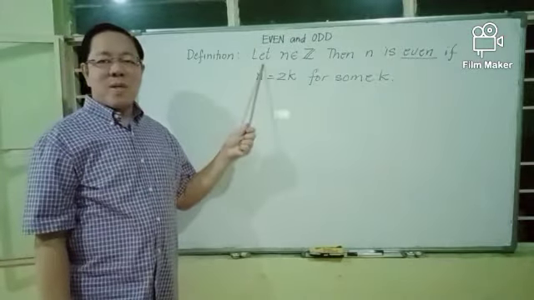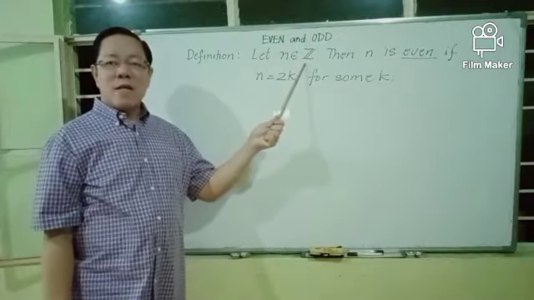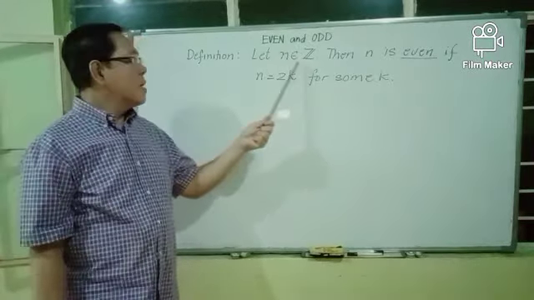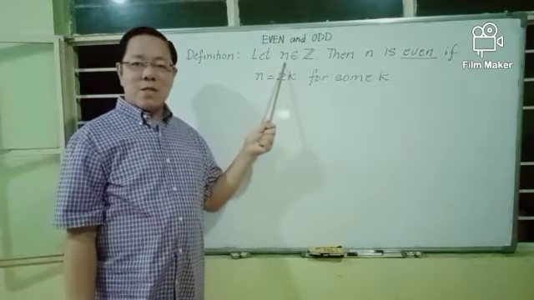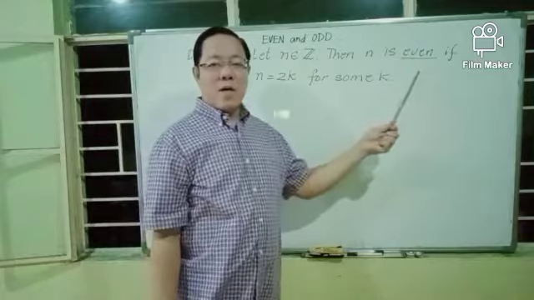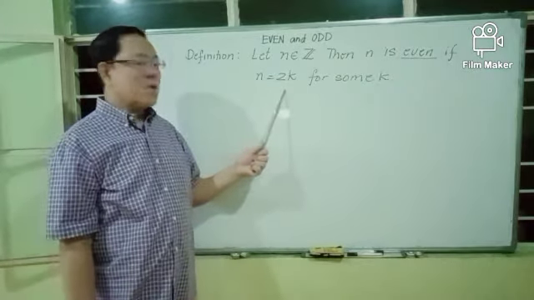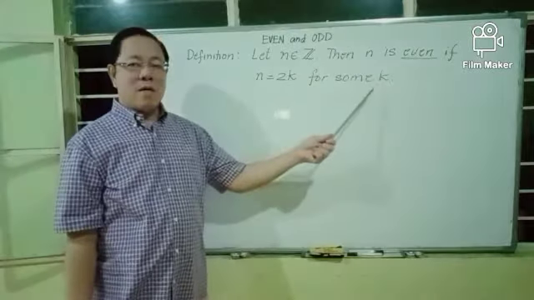We let n be any element of the set Z. Z is the set of integers. So n here is any integer. And we say that the integer n is even if n can be written as 2 multiplied by k for some k.